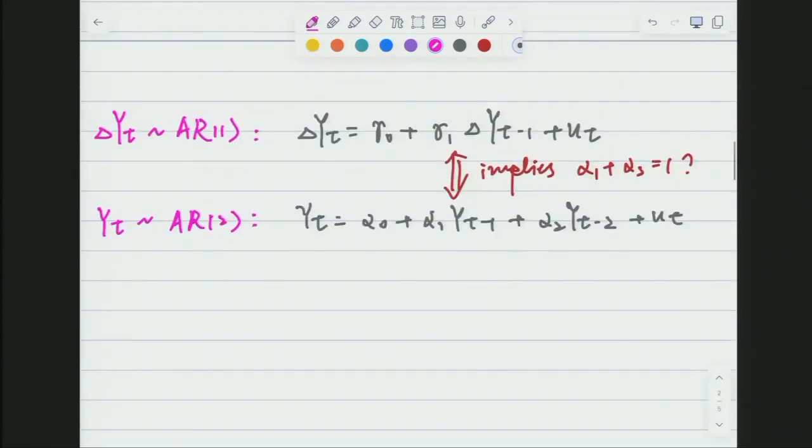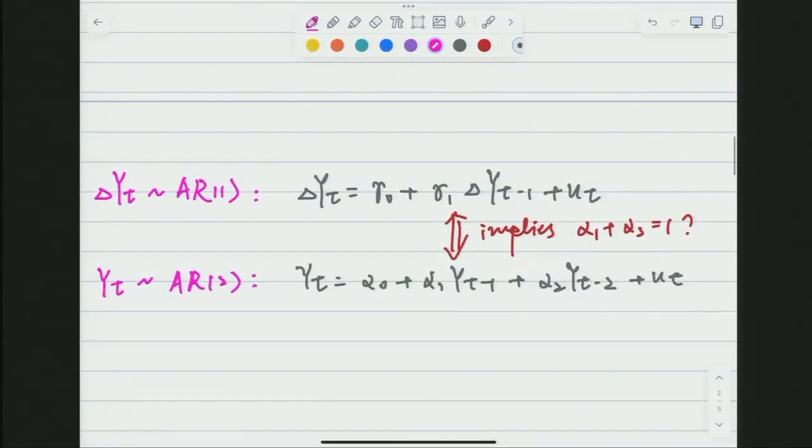Again, I will give an illustration here for an AR(2). The claim is: if y_t follows an AR(2), but the first difference follows an AR(p minus 1), which is 2 minus 1, that is 1, then this implies y_t must have a unit root.